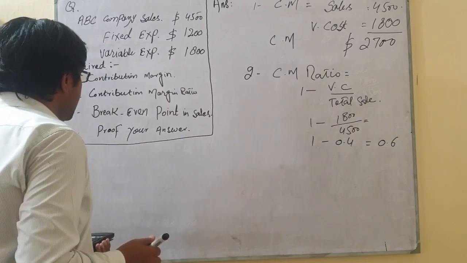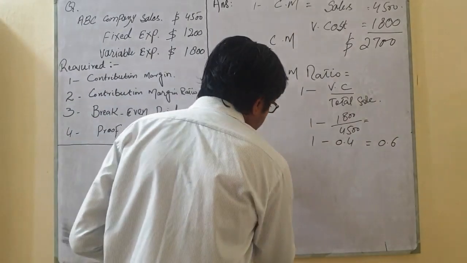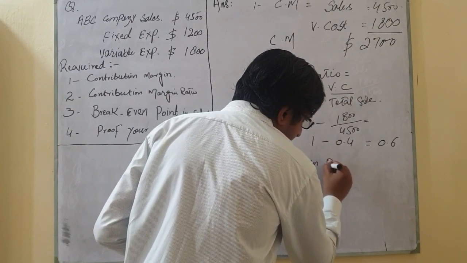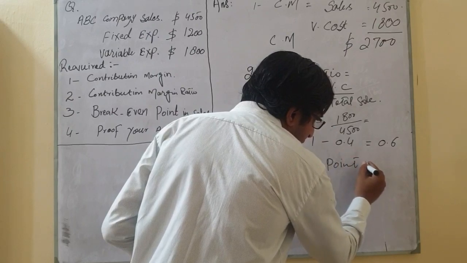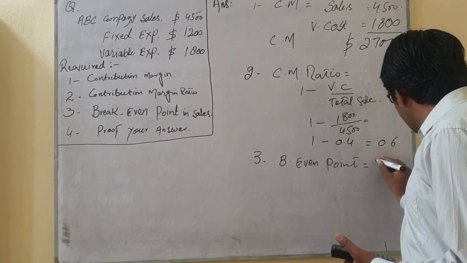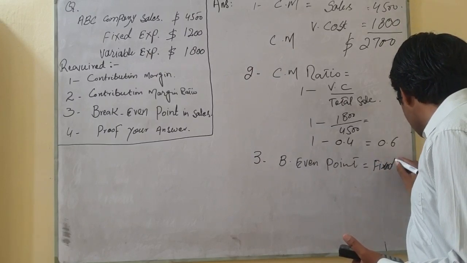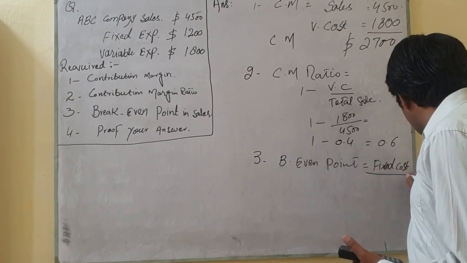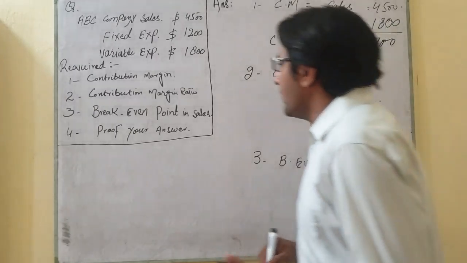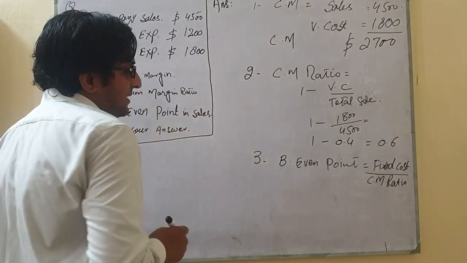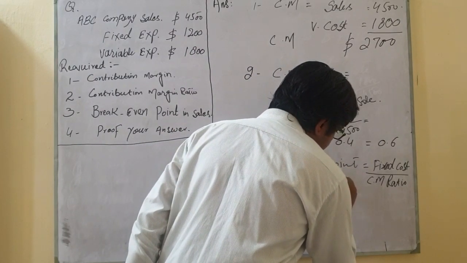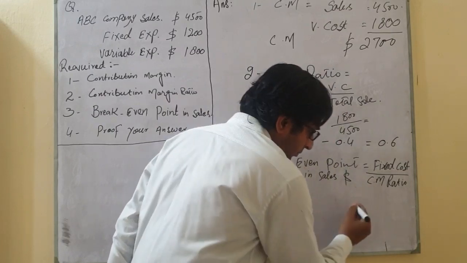Next point is number 3, break-even point. We find break-even point with the help of a formula. The formula of break-even point is fixed expense, or fixed cost, over contribution margin ratio. We are here calculating break-even point in sales dollars.